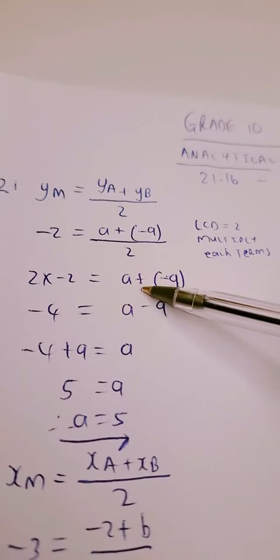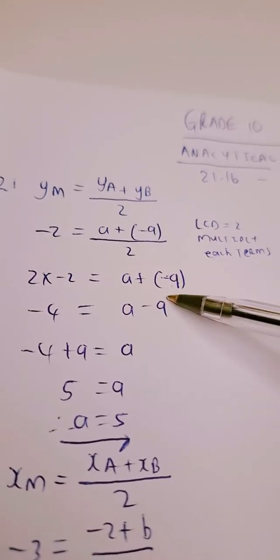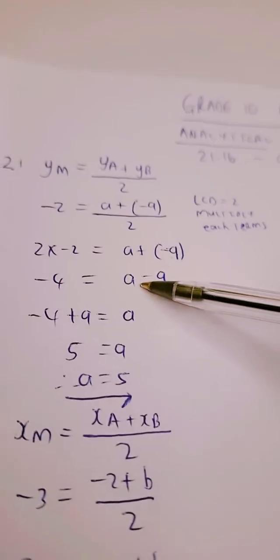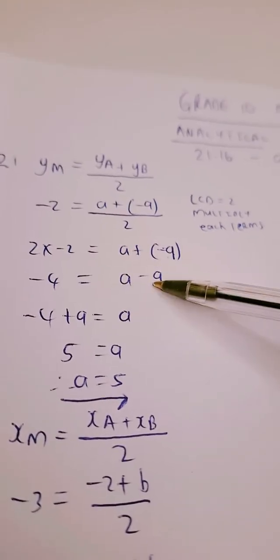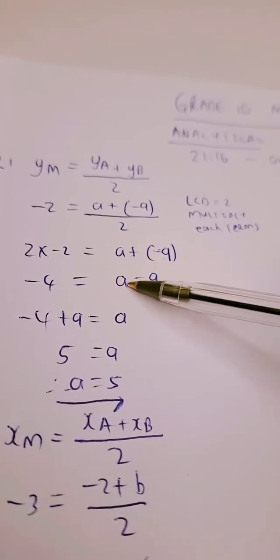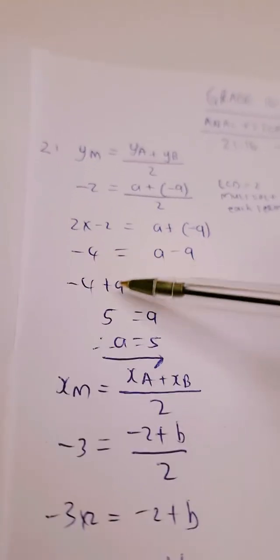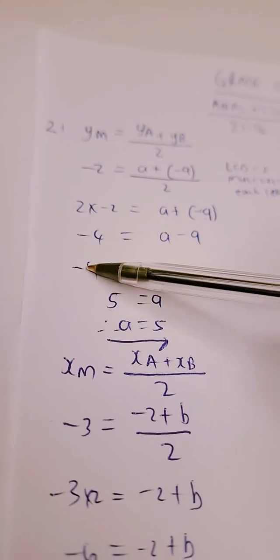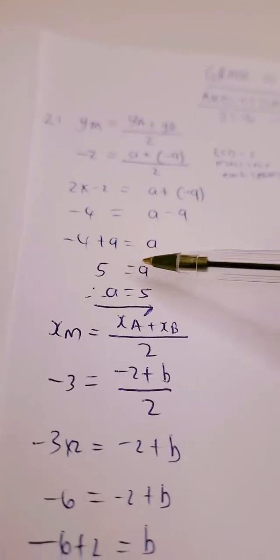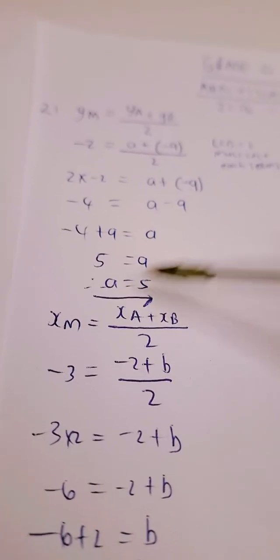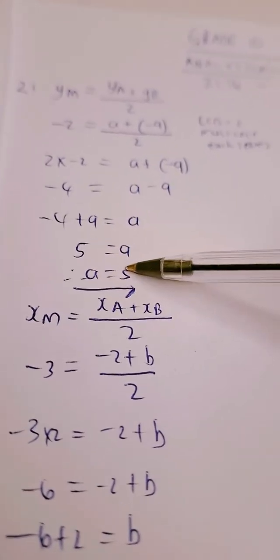That leaves you with A plus brackets -9. A positive times a negative gives you a negative. A minus 9. You isolate A because you want to solve for him. You take -9 over, he becomes positive. 9 minus 4 gives you 5. A is equal to 5. That's how you got the value of A.